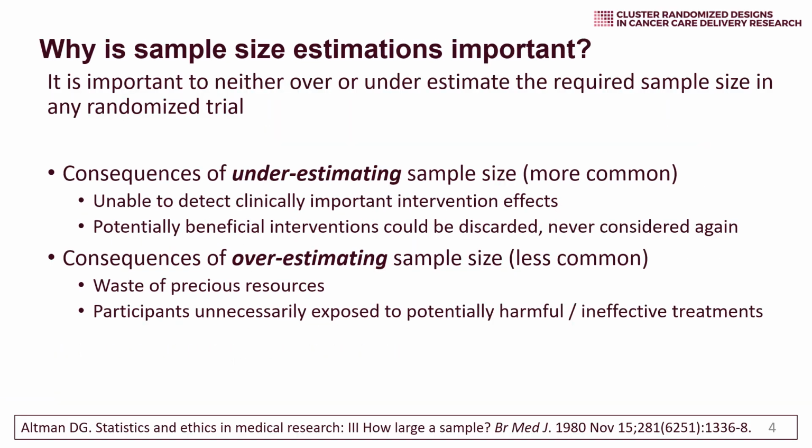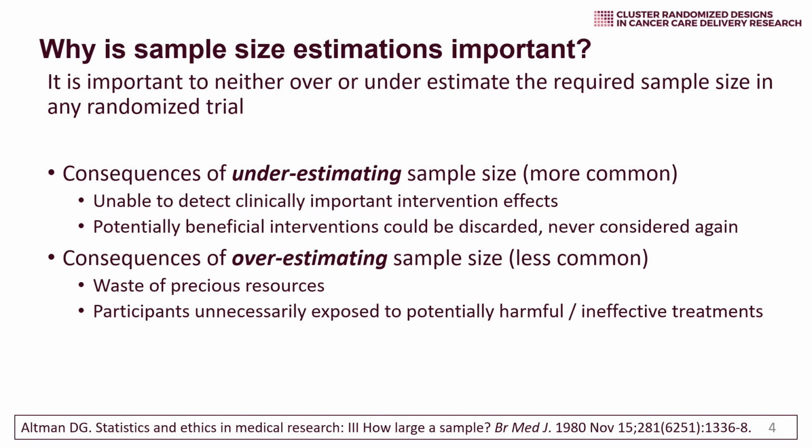So first of all, why is it important to determine how many participants we need in our trial so carefully? It's important neither to over- nor underestimate the required sample size in any randomized trial. There are consequences of both. Underestimating the sample size might mean that we are unable to detect clinically important intervention effects, and this might mean that potentially beneficial interventions are discarded, perhaps never to be considered again.